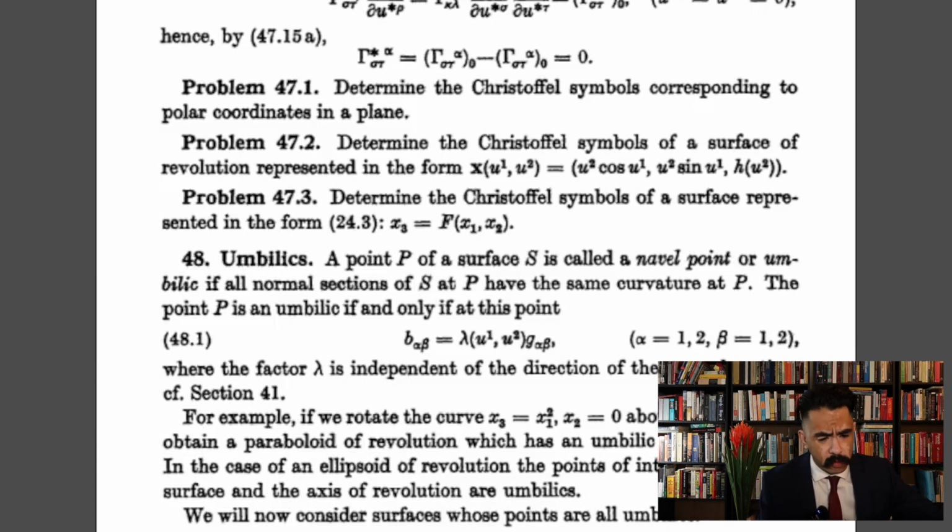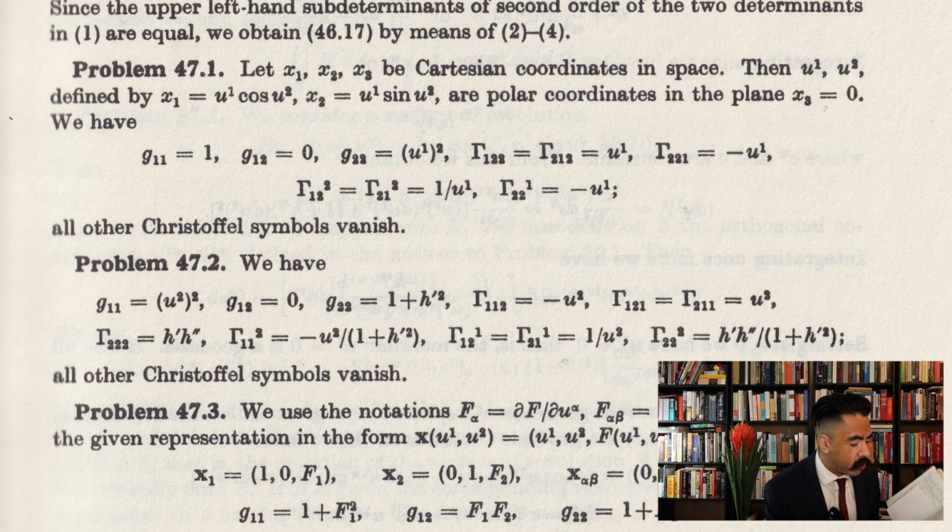Determine the Christoffel symbols corresponding to polar coordinates in a plane. Let x1, x2, and x3 be Cartesian coordinates in space. Then u1, u2, defined by x1 equals u1 cosine u2 and x2 equals u1 sine u2, are polar coordinates in the plane x3 equals 0.